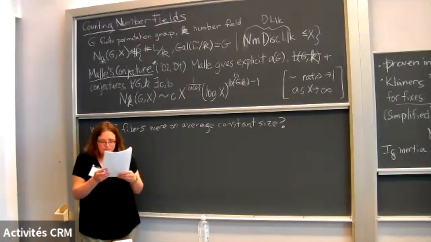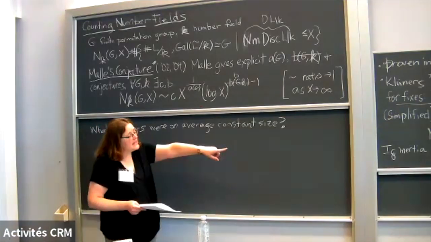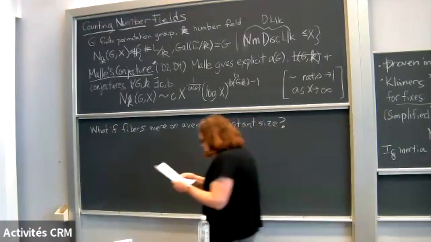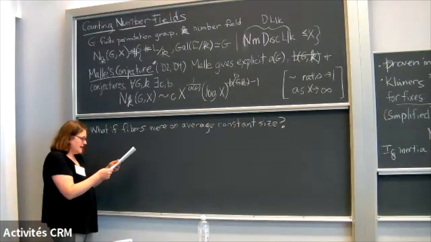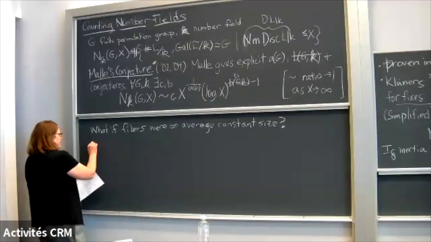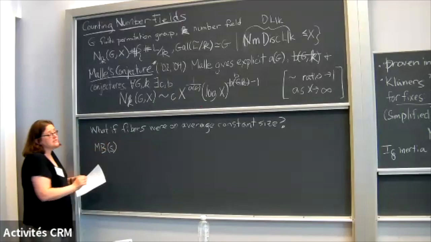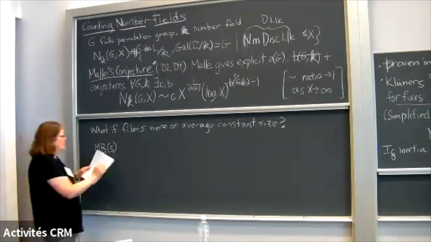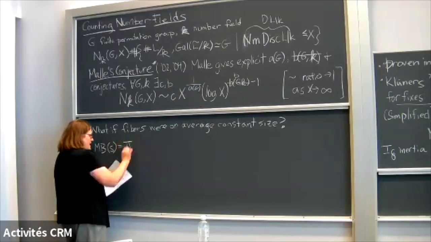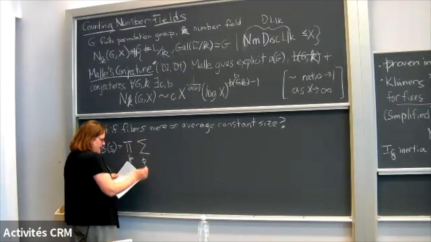And then, like I said, this bottom piece is something that is very easy to understand concretely. For example, if we make a Dirichlet series to count the objects on the bottom, it looks like the following.